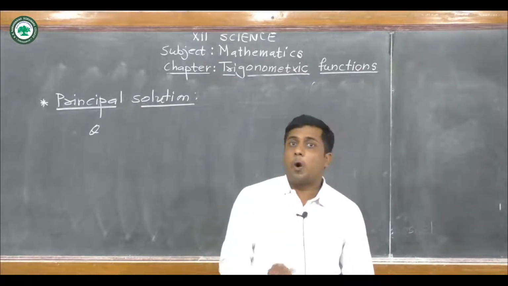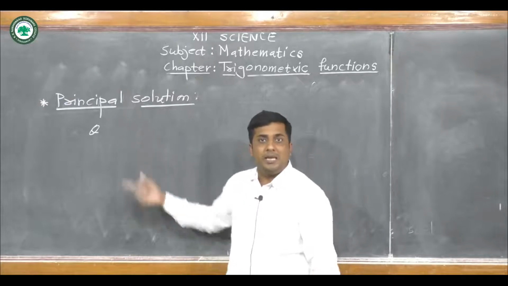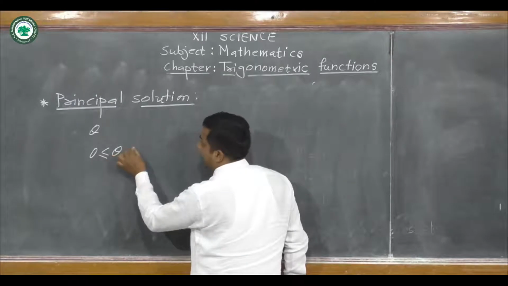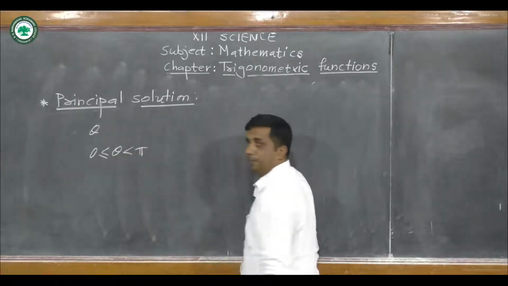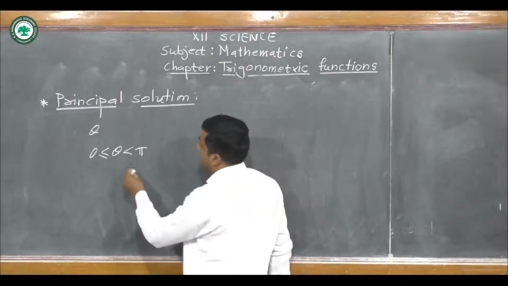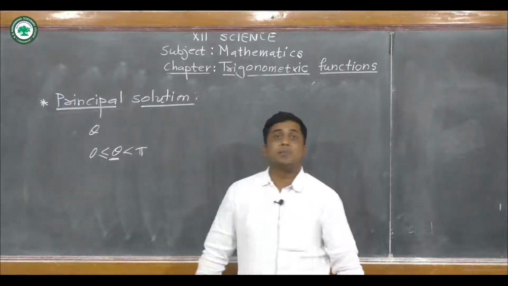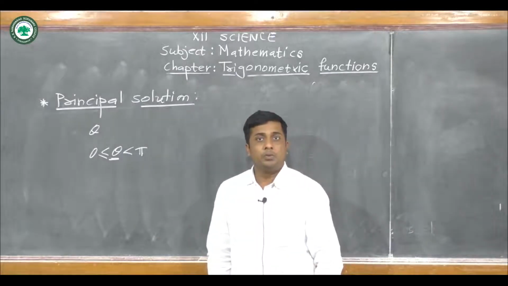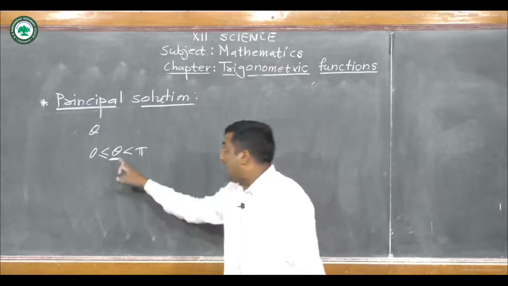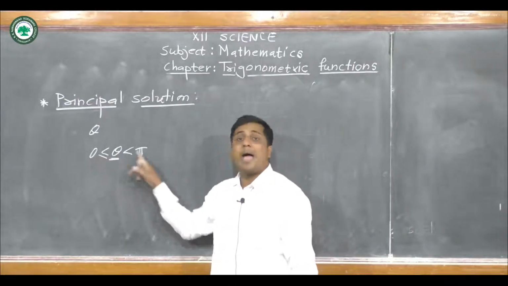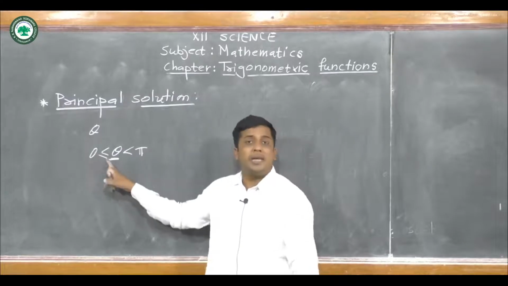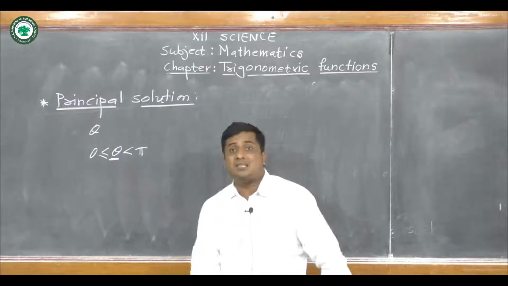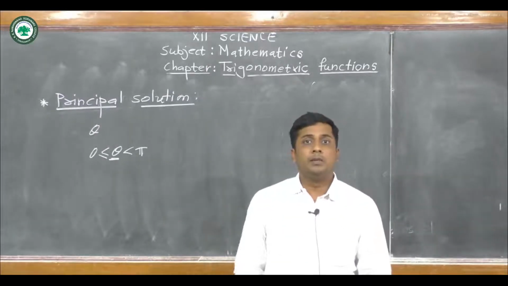If theta from the given trigonometric equation lies between 0 and pi, that is 0 is less than or equal to theta is less than pi, then this theta is the principal solution. I repeat, if theta lies between 0 and pi, that is 0 is less than or equal to theta is less than pi, then theta is the principal solution.